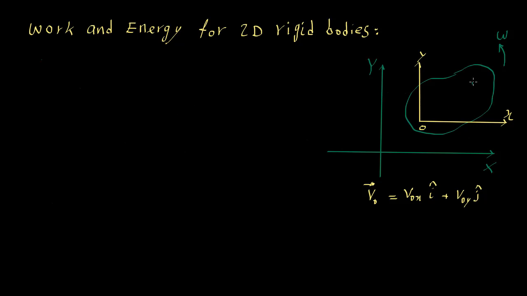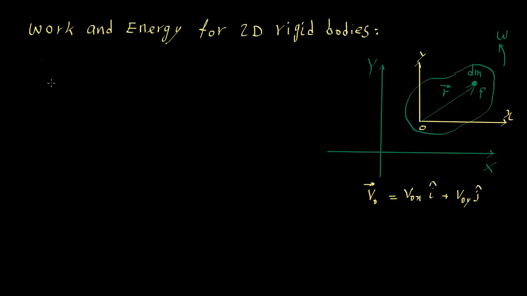For example, this point here, a small mass that is dm, and we call this point P. The relative position vector of P with respect to O, we call R.